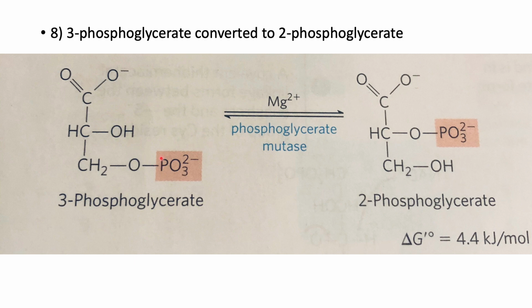So there are two histidines which are acting in concert, one to remove the proton, the other one to supply a phosphate and then remove this phosphate here. So you end up getting phosphate on the number 2 carbon as 2-phosphoglycerate, and that is the mechanism of this reaction.